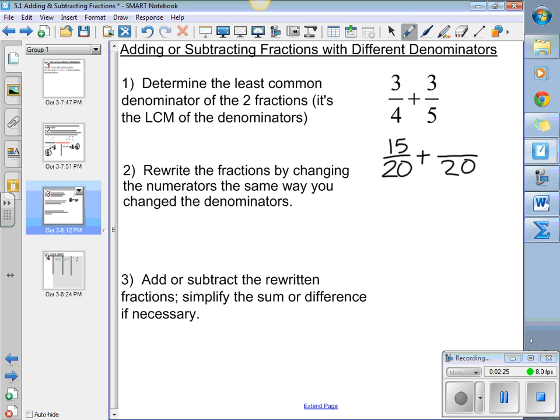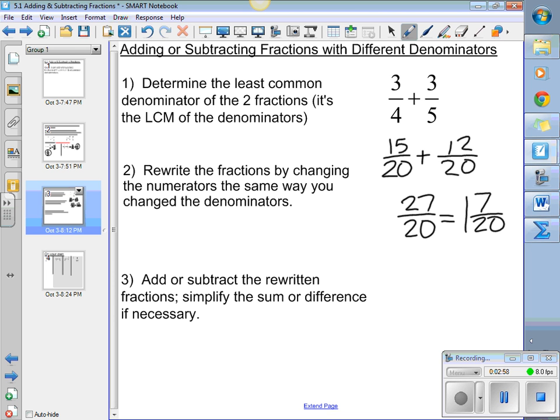What did I do to the 5 to get to 20? I multiplied it by 4. So 3 times 4 gives me 12. 15 plus 12, sorry, I said 15 times, I meant 15 plus, and that gives me 27 over 20, which would give me 1 7/20.